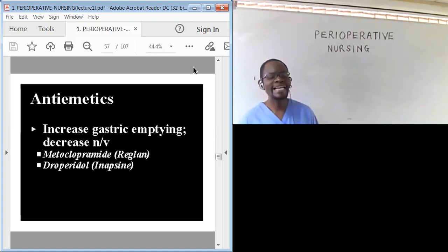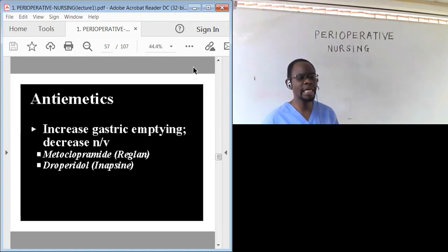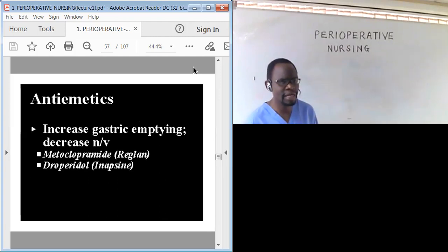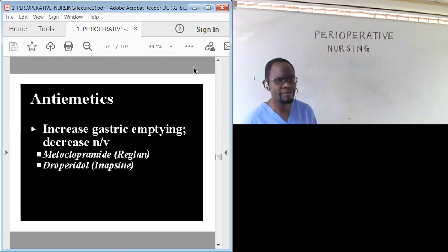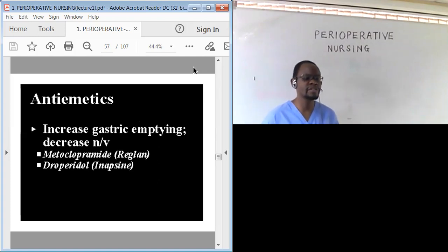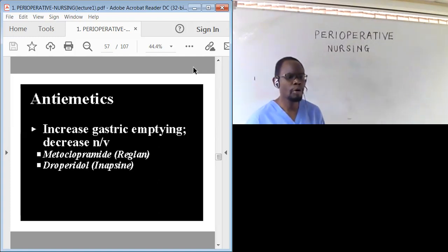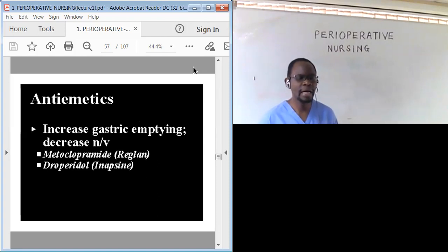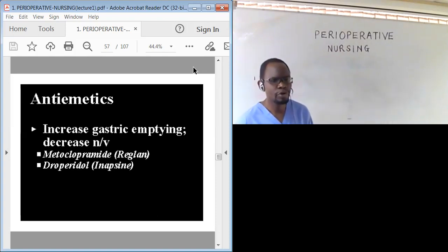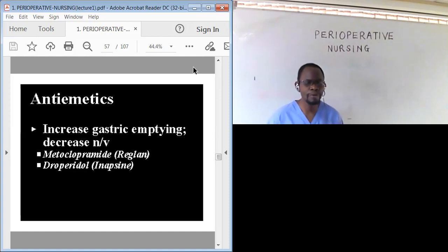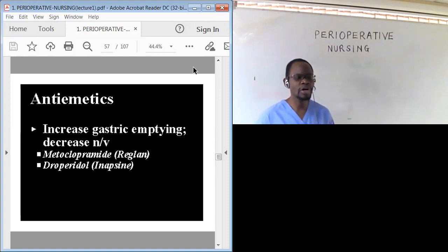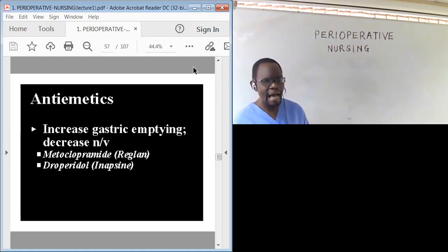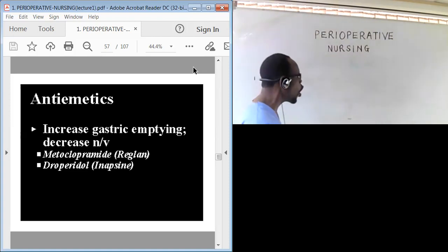We also have antiemetics. These basically help to increase gastric emptying and also decrease nausea and vomiting. A very good example that we usually give is metoclopramide, as far as prevention of vomiting is concerned. So those are examples of preoperative medications.